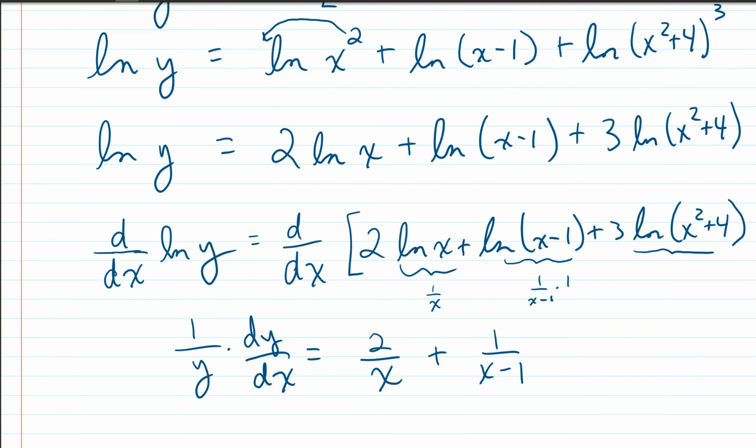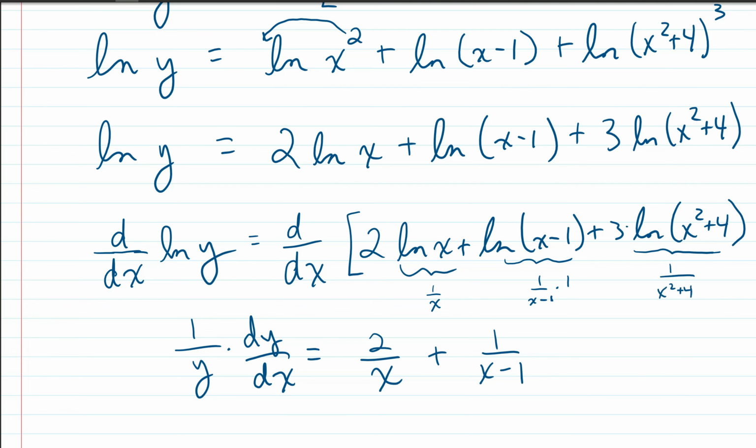And now taking this next piece right there, we have a 3 times whatever we're going to do. So we're taking the derivative of that, but the 3 can come out as a coefficient and be multiplied after we find the derivative of the natural log of x squared plus 4. So we can apply the chain rule here. So the derivative of the natural log of x squared plus 4 is 1 over x squared plus 4, right?